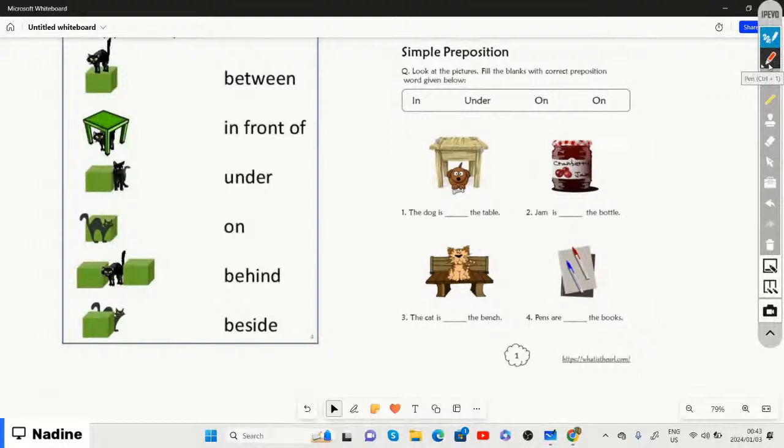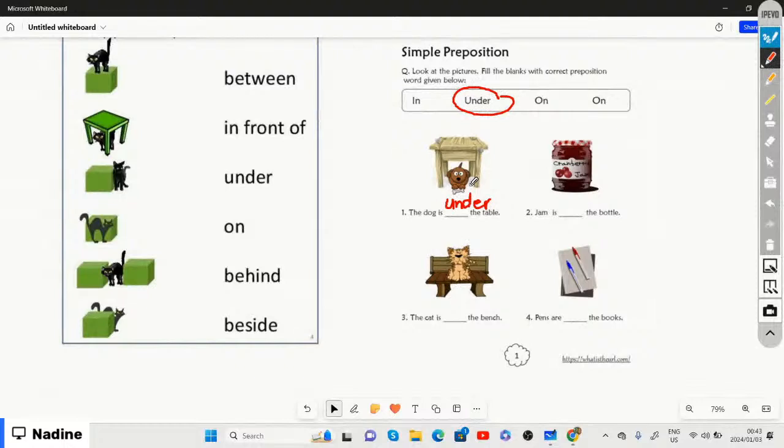If we must select the best preposition, then yes, we can say the dog is under the table, because that is where he's hiding, right? It is under the table. So well done. Under is correct.